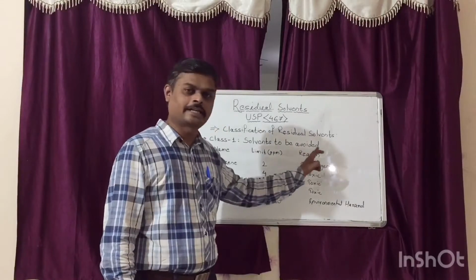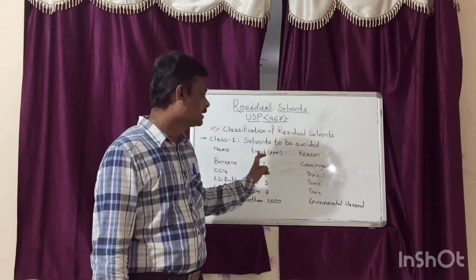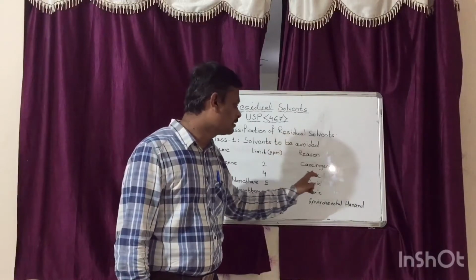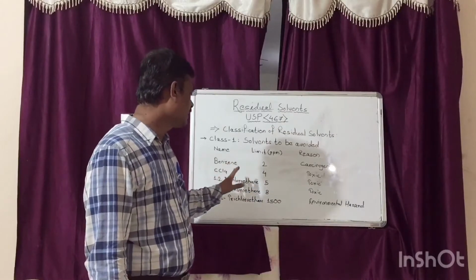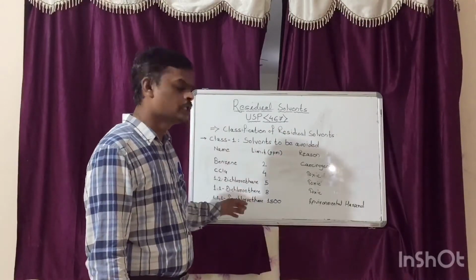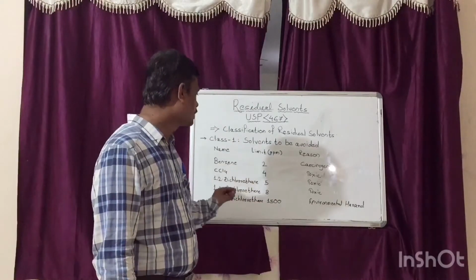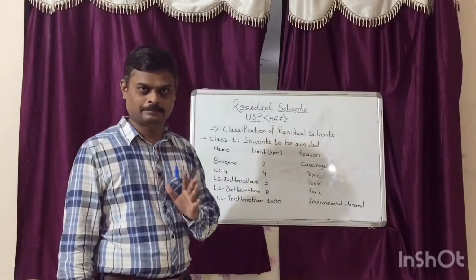Benzene falls under the category of carcinogenic. Benzene can cause cancer in patients. Hence, benzene and other solvents which fall under class 1 should not be used for the manufacturing of pharmaceuticals.